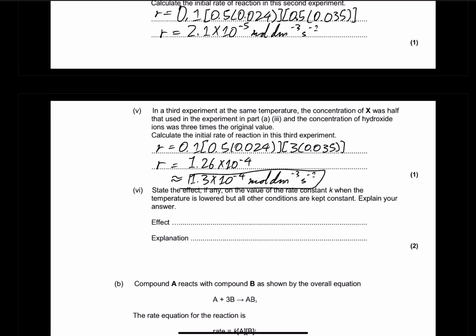State the effect, if any, on the value of the rate constant K when the temperature is lowered, but all other conditions are kept the same. Explain your answer. I'd say if the temperature is lowered, there's a lowered rate constant because it's temperature dependent.